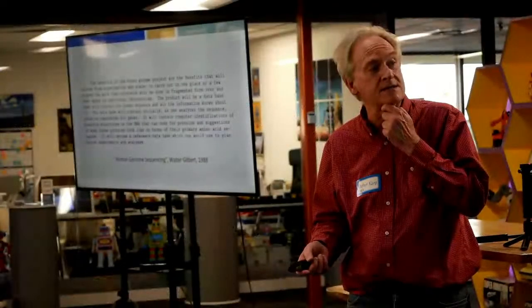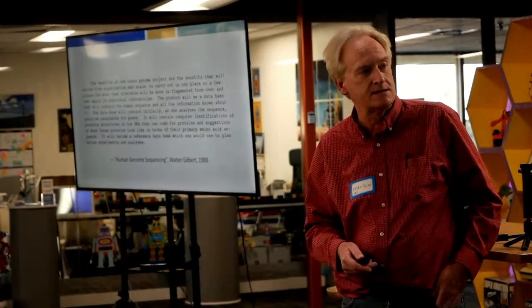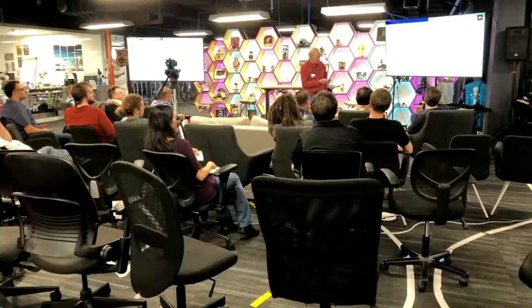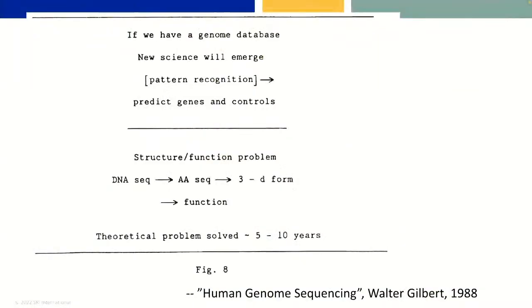It will become a reference database which one would use to plan future experiments and analyses. This is from Walter Gilbert's chapter in that book that I just put up. And here's a figure from his same chapter. If we have a genome database, new science will emerge, will recognize patterns and predict genes and their controls.